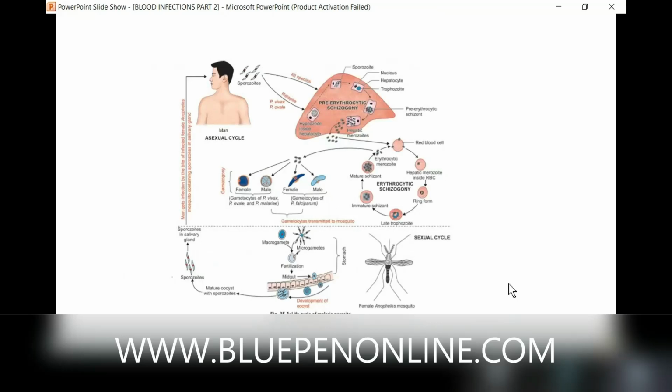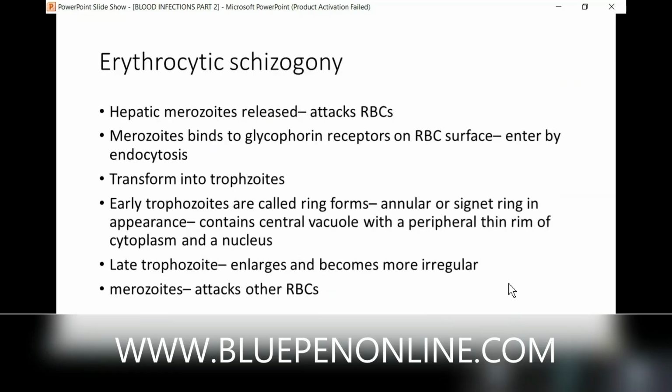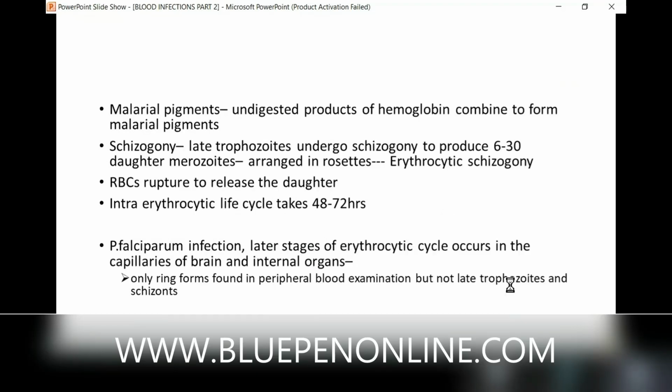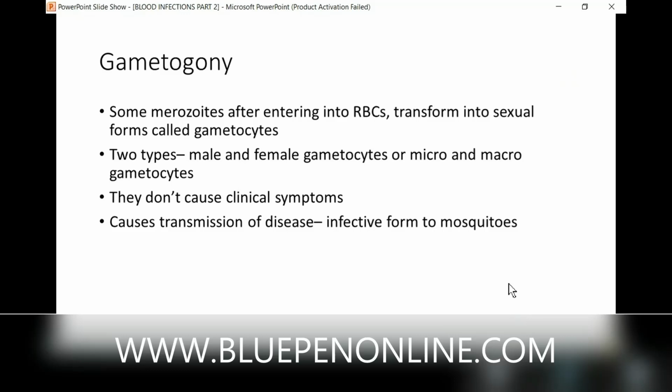See, first the sporozoites enter into the hepatocytes, and once they enter the hepatic cells, the sporozoites form trophozoites, and they stay in the hepatic cells.